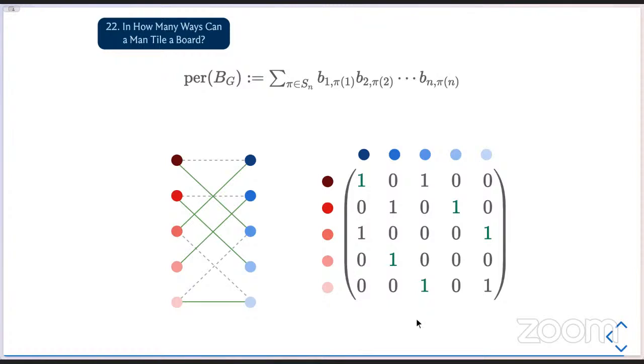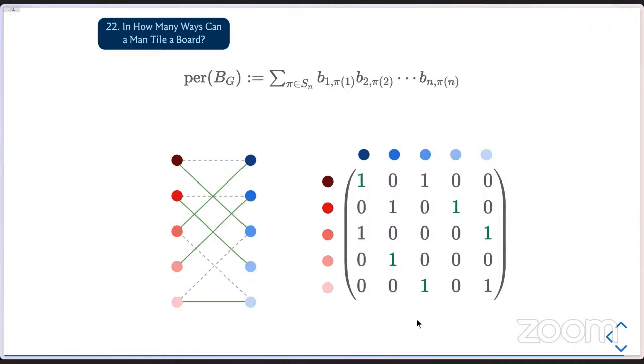The two permutations that correspond to the two matchings in this example happen to be permutations whose signs are actually positive because they can be obtained with two swaps. And remember, we said that the sign was -1 raised to the number of transpositions that you can write the permutation as a product of. And in this case, you can write both of these permutations as a product of two transpositions.